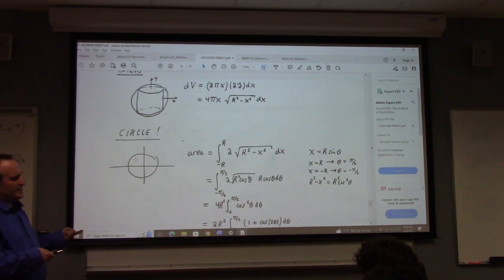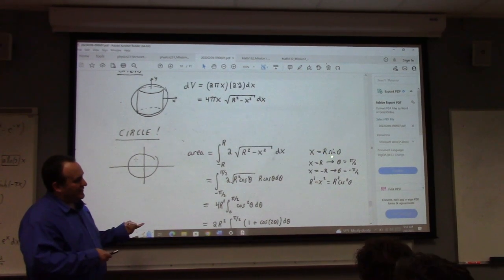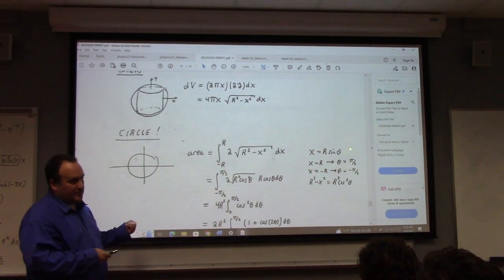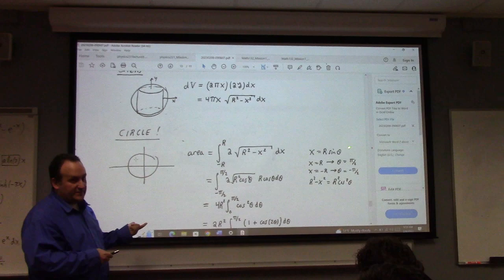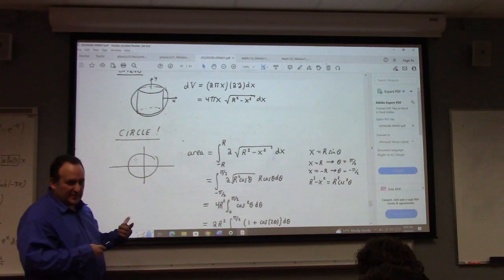But if I have x equals r, what does that force theta to be? Well, think about it. How can I get x equals r? What theta do I have to make? I have to make sine theta 1, right? How do you get sine theta to be 1? You put pi over 2, right? And how do you get x equal to minus r? You need sine theta to be minus 1, right? That makes theta equal to minus pi over 2. So the reasoning there is a little bit indirect.